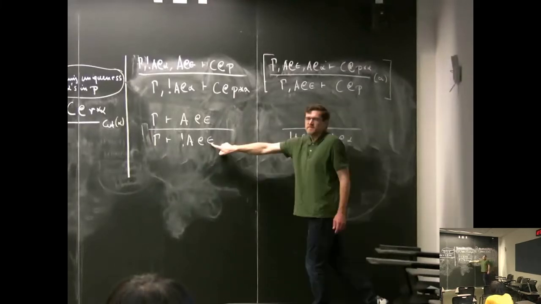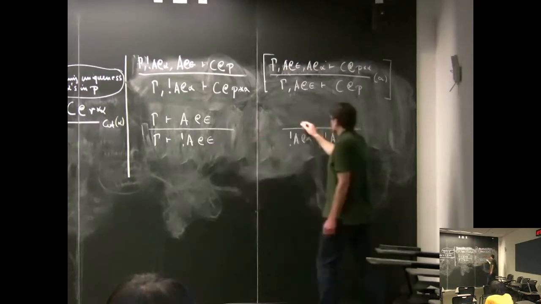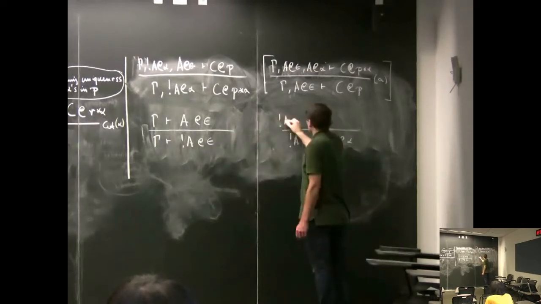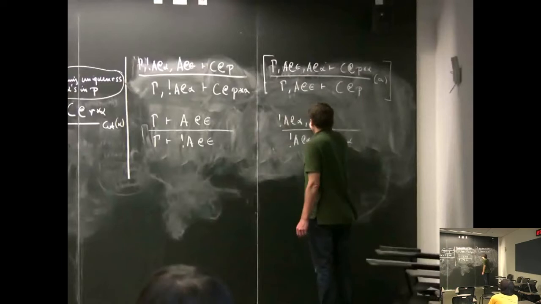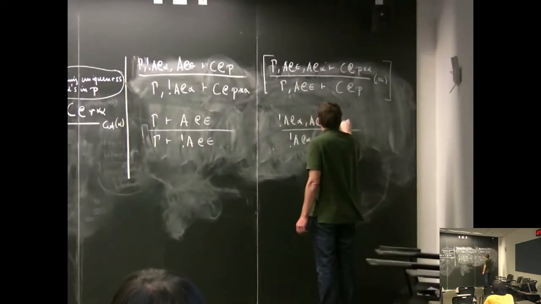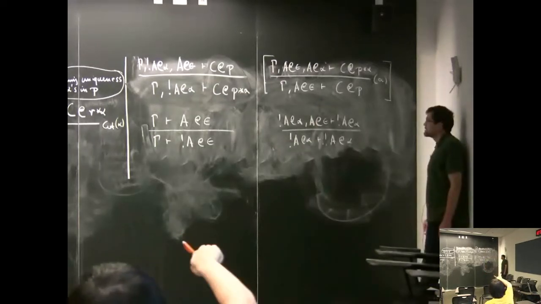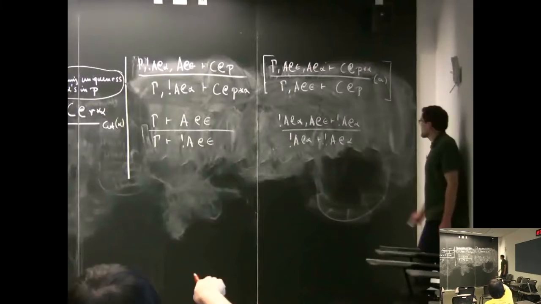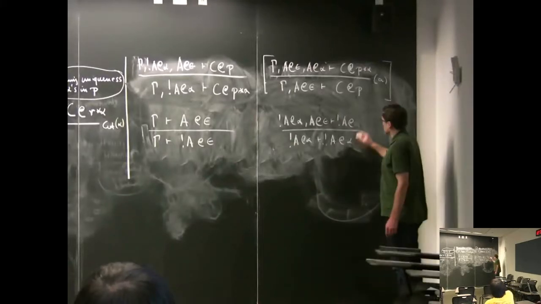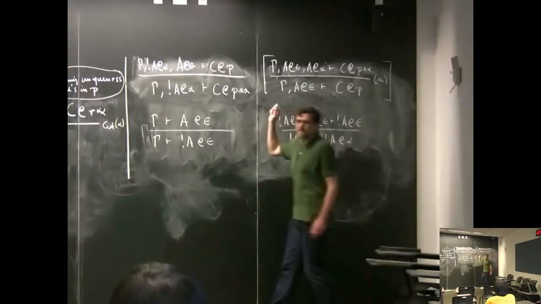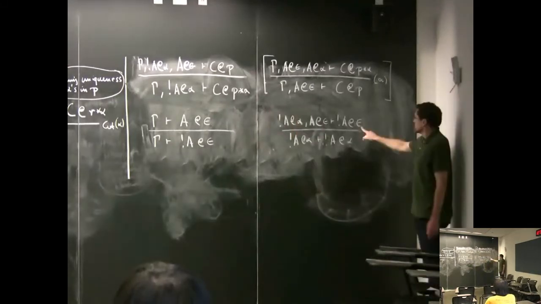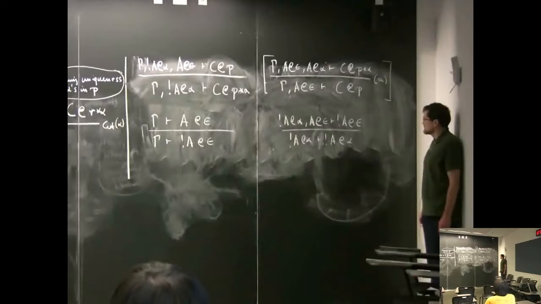Because it's epsilon, and we're not at epsilon. Okay, so then we should get bang A at alpha, and A at epsilon, and we have bang A at alpha. Okay? Because alpha will be removed. Right, this is alpha times epsilon. So this is epsilon because the left rule here removes the alpha, of course. Yes?